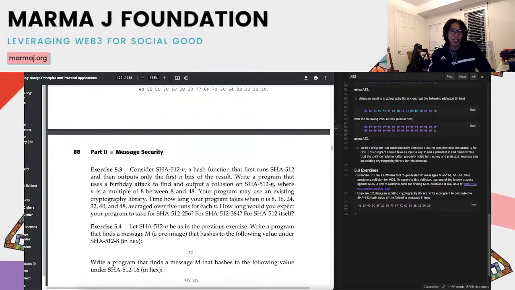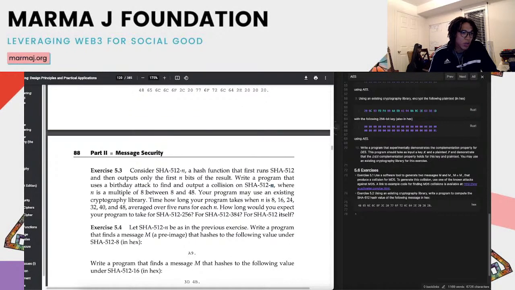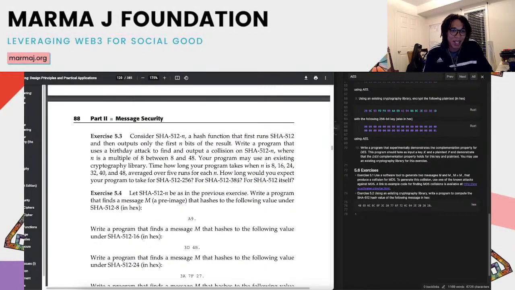I think the whole point is supposed to be that the smaller your n is, the more collisions you have, where n is a multiple of 8 between 8 and 48. So I would assume with 8, it's easier. With 48, it's more difficult. And then this is confusing to me, because I would assume this is supposed to be the easiest to find collisions.